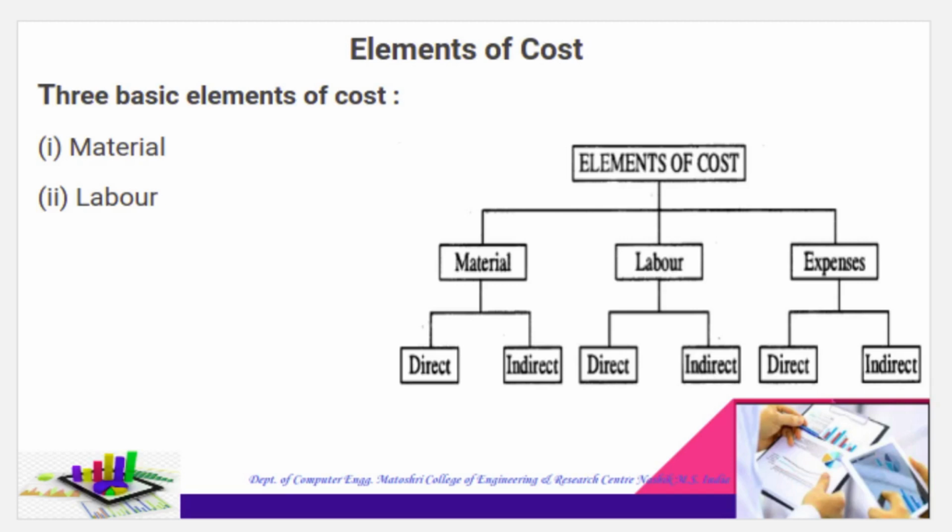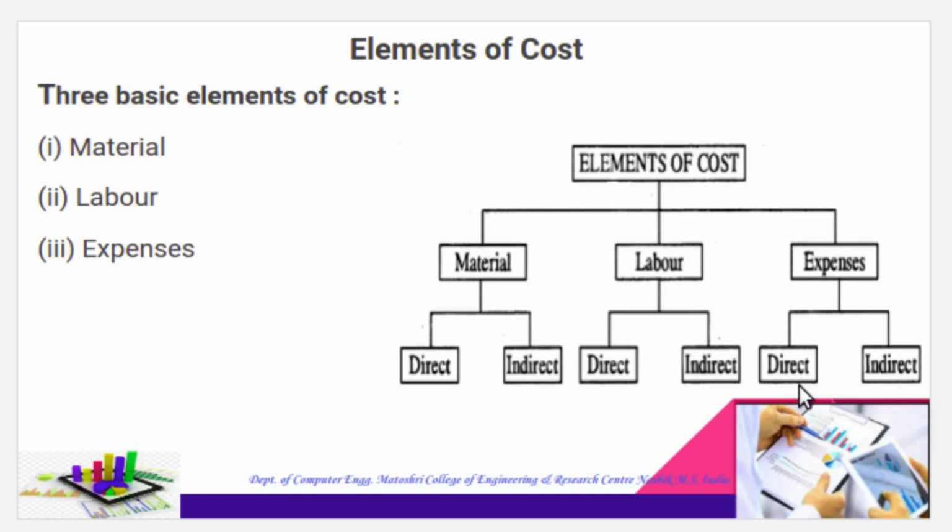After the labor, there will be expenses. Expenses are the costs incurred, other than material and labor, for production, distribution and management of the organization. Expenses may be direct or indirect.